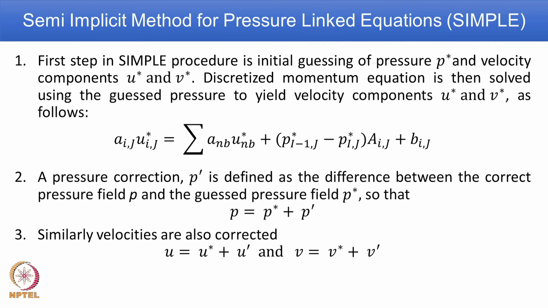The first step in the SIMPLE procedure is the initial guessing of the pressure as well as the velocity components. As I mentioned in the last class, we have a domain defined, then a grid defined, you also decide the choice of variable locations, and boundary conditions are defined. Then you have to start the calculation or simulation. To start the simulation, we need to make a guess.